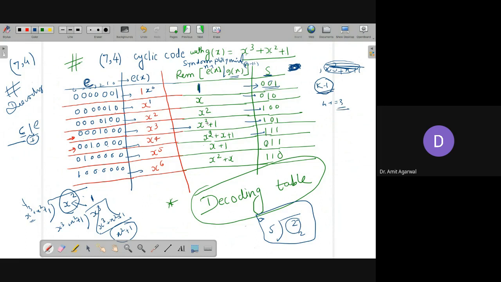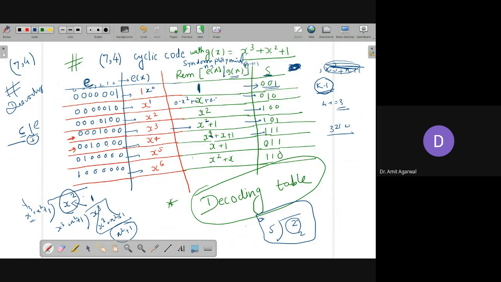So you can see also the maximum power is x square. It means 3 bits: 0, 1, 2. So the syndrome has 3 bits here. So you can write 1, 0, 0. X you can think of like that: 0 into x square, 1 into x, 0 into 1, so 0, 1, 0.